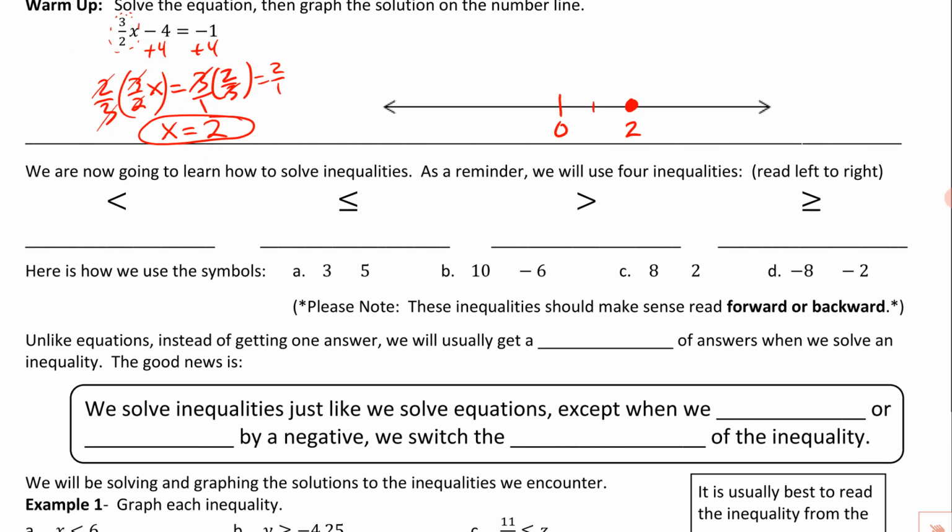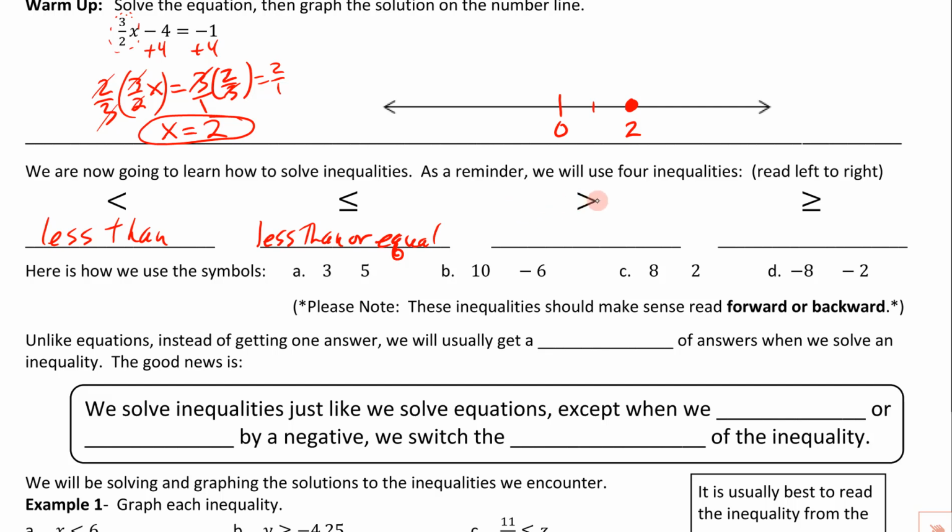But the first thing we want to remind ourselves is what those inequalities look like. Now, I'm going to read these from left to right. So this is a less than. The next one is the same thing, but it has that little equal to bar on the bottom of it, so this is a less than or equal to. This one has kind of the bigger mouth on this side.